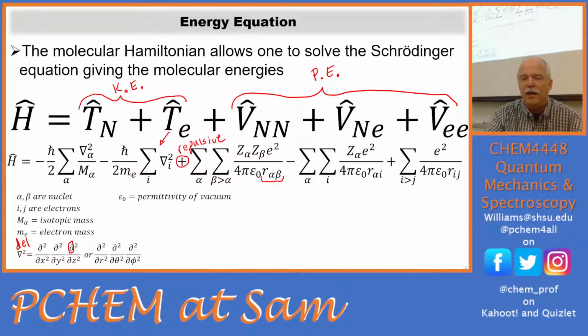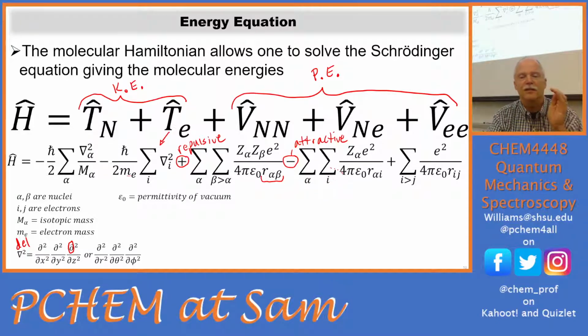Okay. Then we have the nuclear electron attraction. So on nucleus alpha, we have the number of protons in alpha. We have a minus sign because it's attractive, so it lowers our energy as they get closer. And for every nucleus alpha, we loop through all of the electrons.